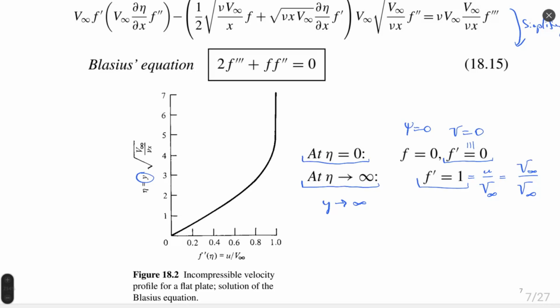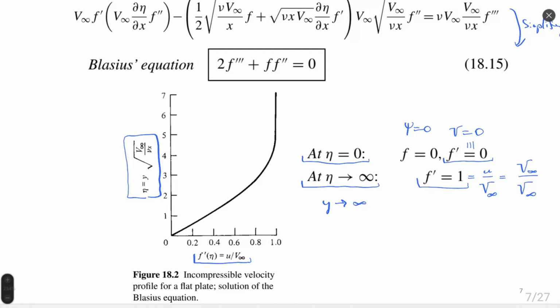So we set these three boundary conditions because this is a third order differential equation, and the solution can be obtained in coordinates of f prime and eta. f prime is dimensionless velocity and eta is dimensionless distance. So we see the profile of the boundary layer. We find the solution for the profile of the boundary layer.